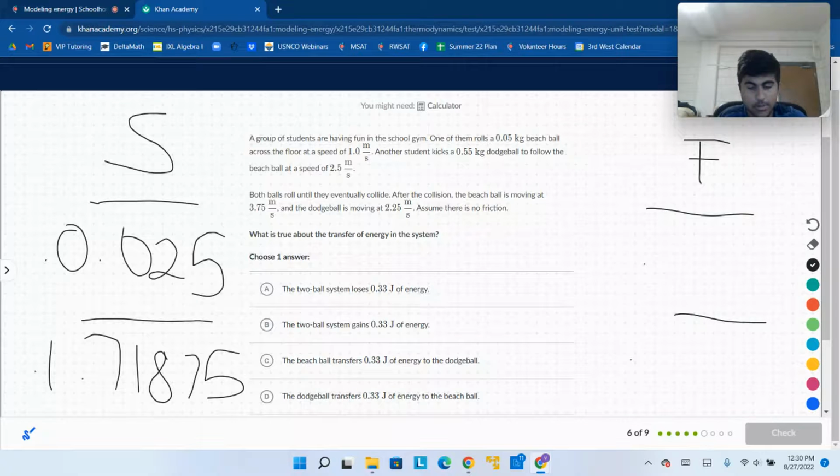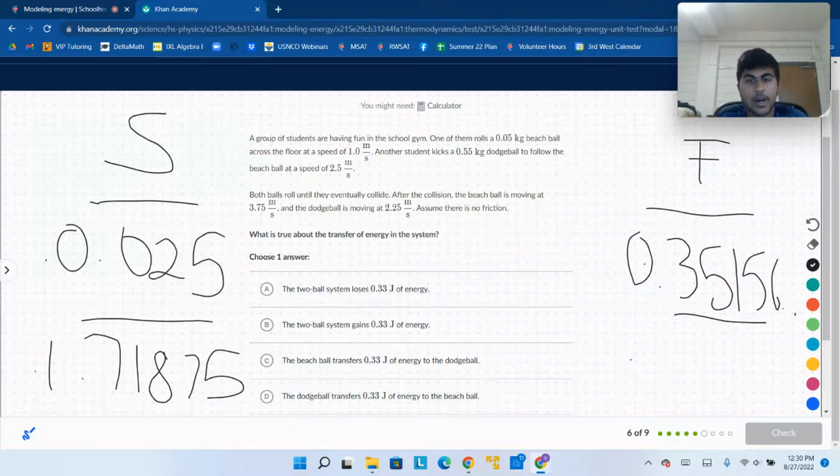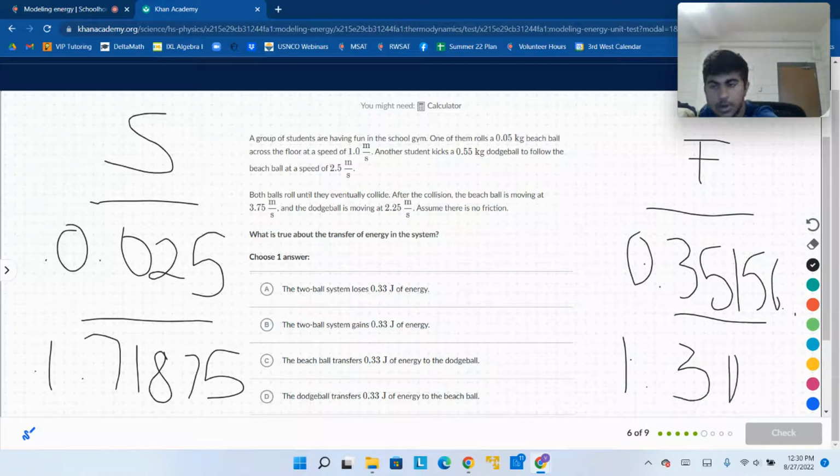squared over 2. So that is going to be 0.3515625. Yeah. So dot dot dot. And then for the bottom, you have 2.25 squared times the 0.55 over the 2, 1.39, and on and on.